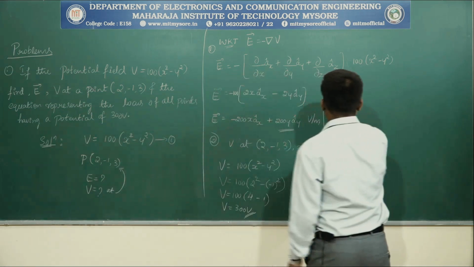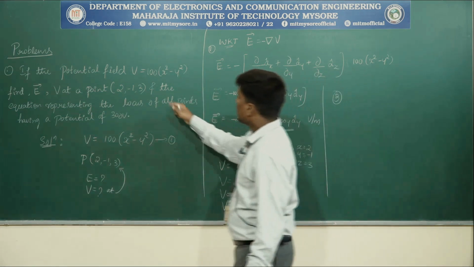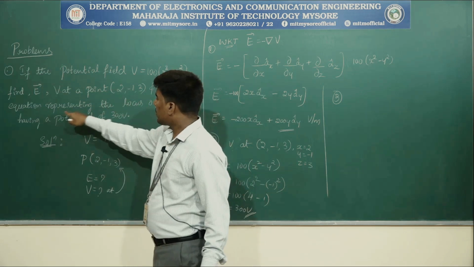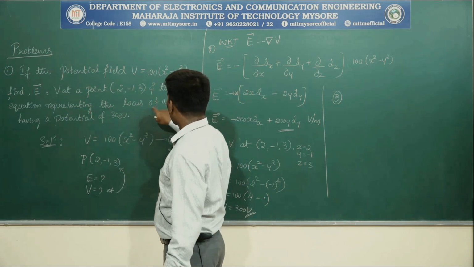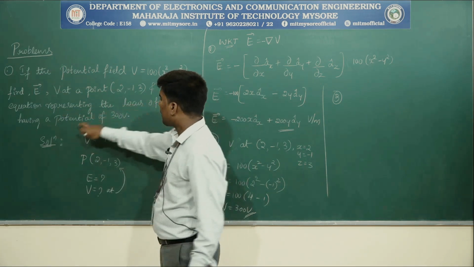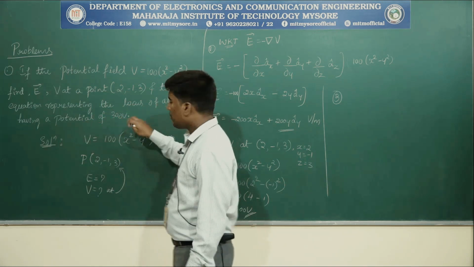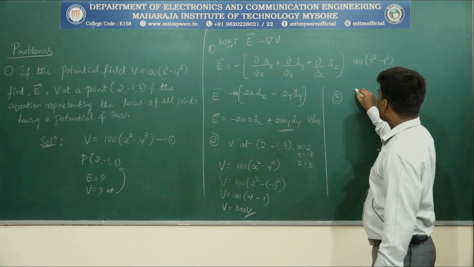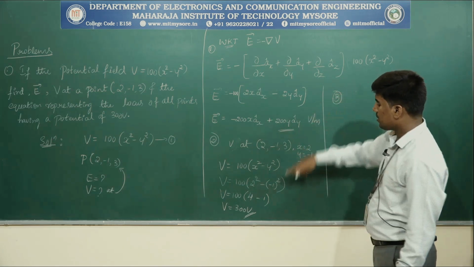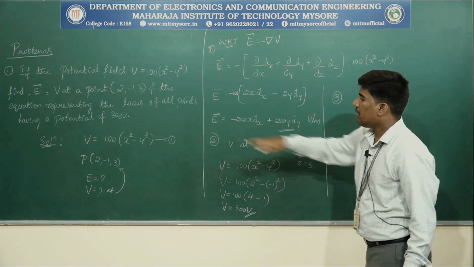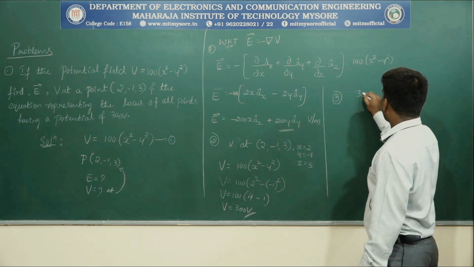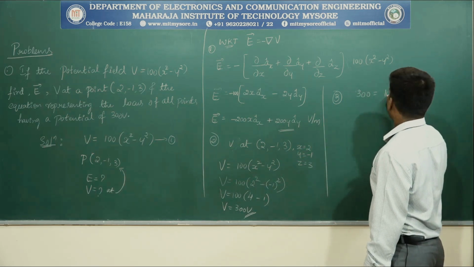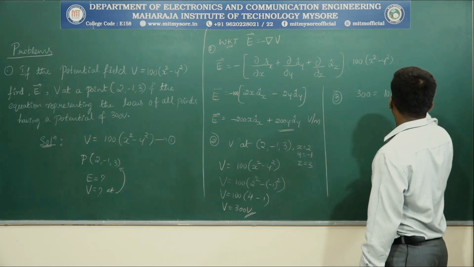Then coming to the third point, what is that? The equation representing the locus of all points having potential of 300. So what is that equation? In order to obtain that, if I substitute V is equal to 300 in equation 1, then it satisfies the requirement.